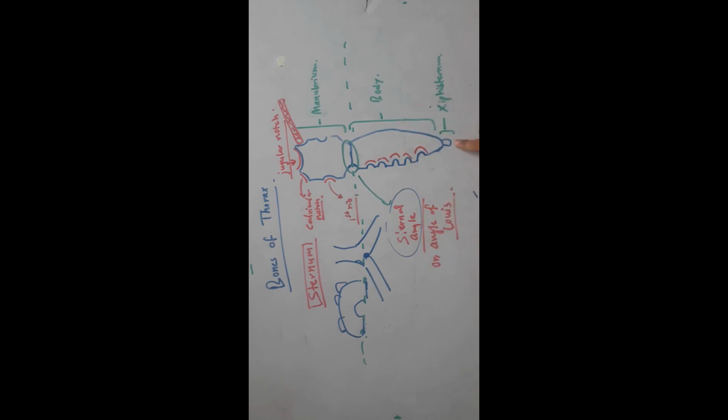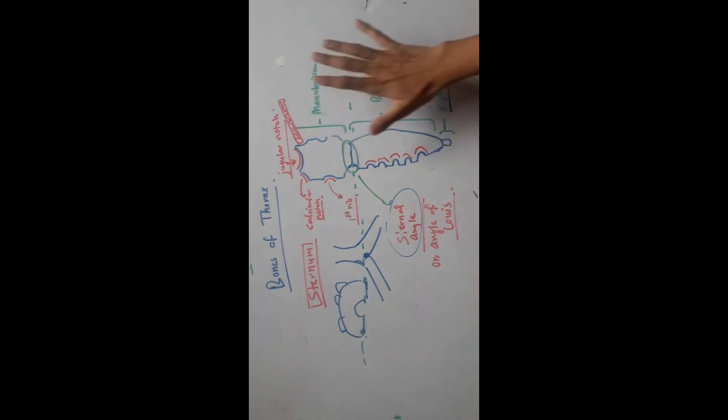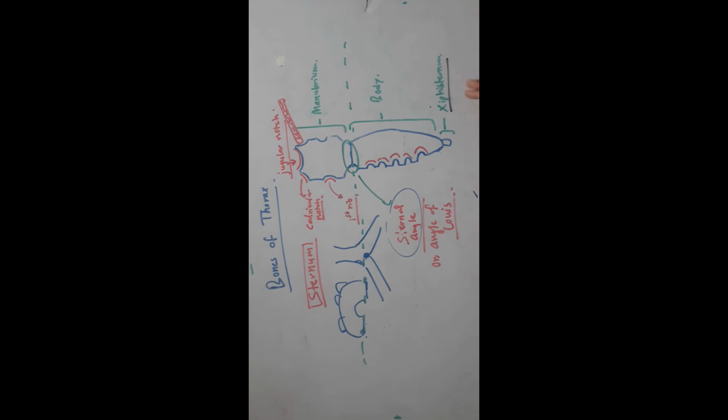And this little guy here is the xiphoid sternum, a small extension of the sternum. It's basically a small bone, and it provides attachment for muscles of the abdomen.